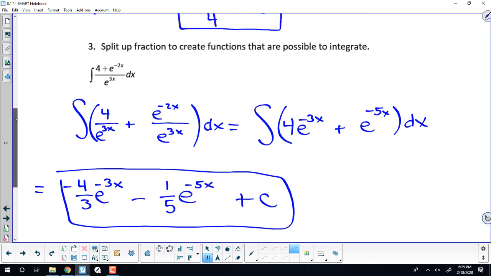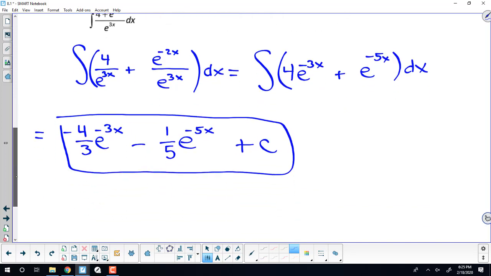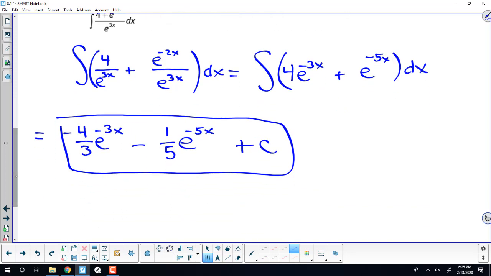So the other thing that we could try here is multiplying the top and the bottom by 1 in the form of e to the 2x over e to the 2x. Get rid of that negative exponent. But you would still have to split up the fraction if you did that. So you could try that if you wanted. Any questions on that?